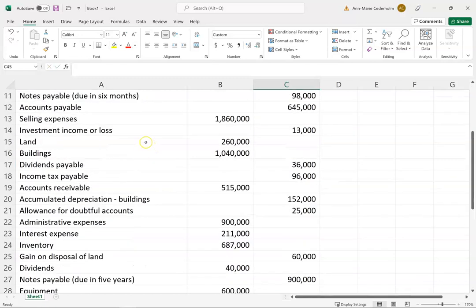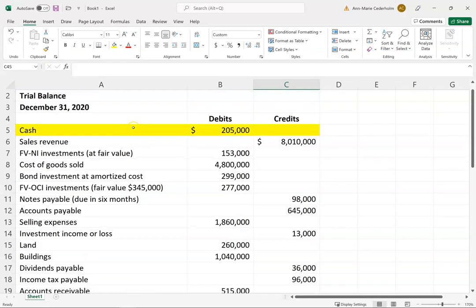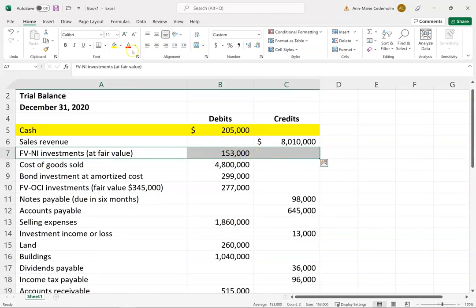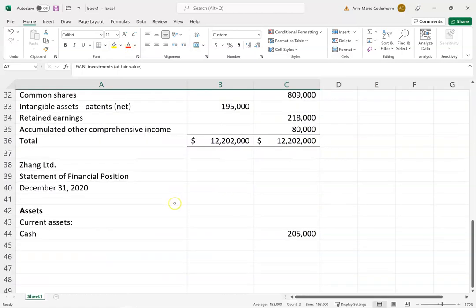And then the next one that is pretty liquid is the fair value through net income investments. Now, we'll learn about those in the following chapter on investments, but for now, we'll just put them down as current.